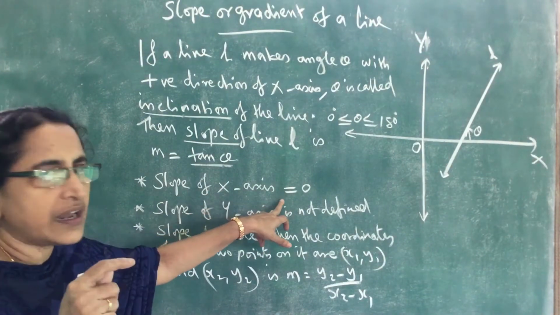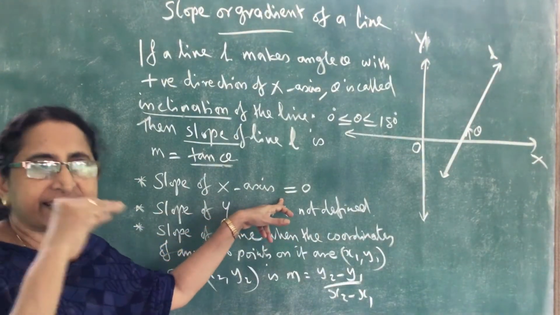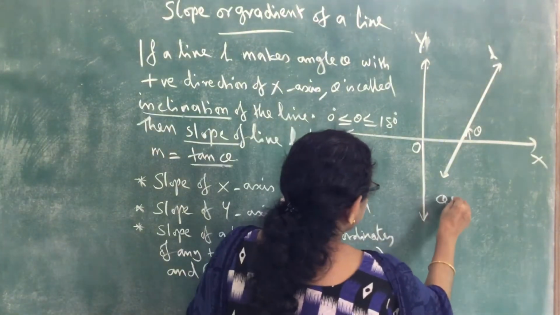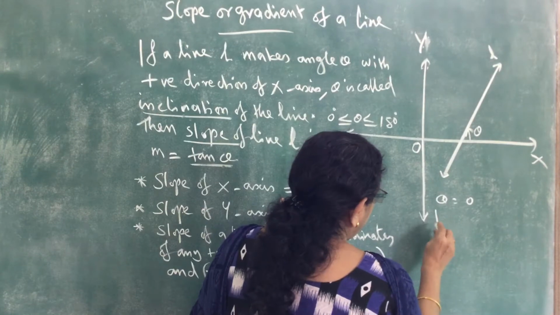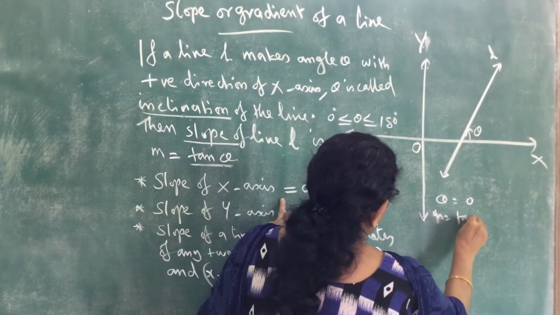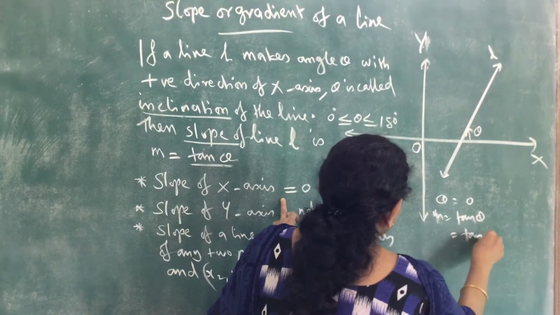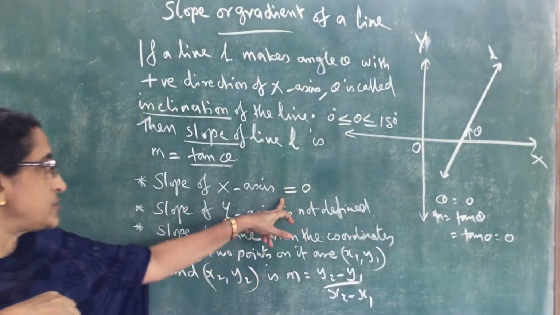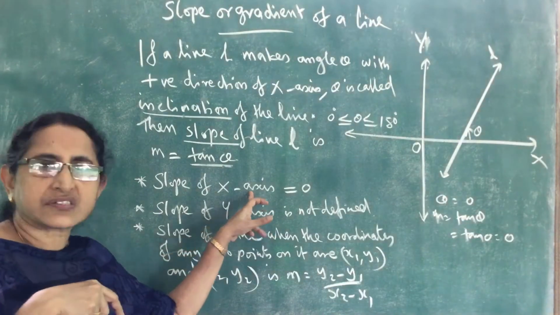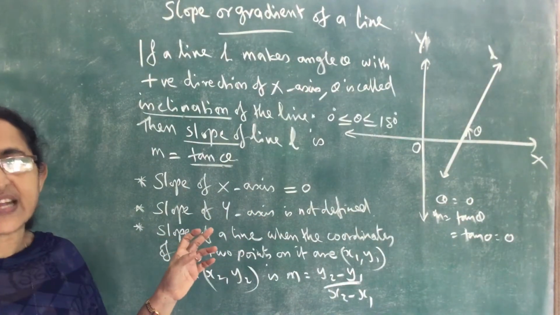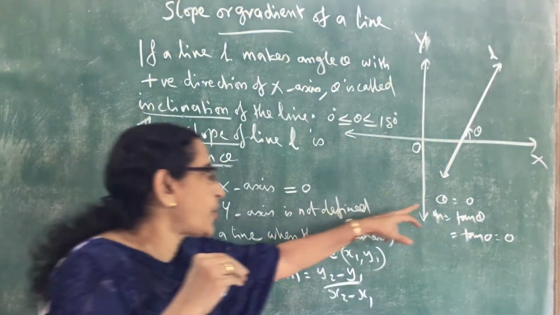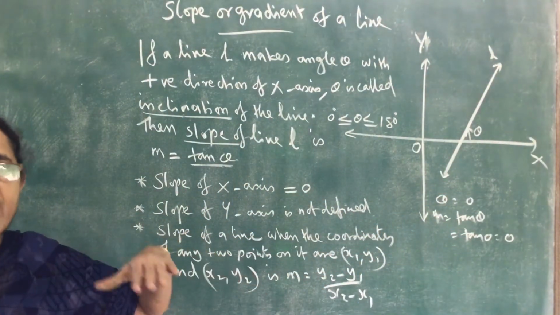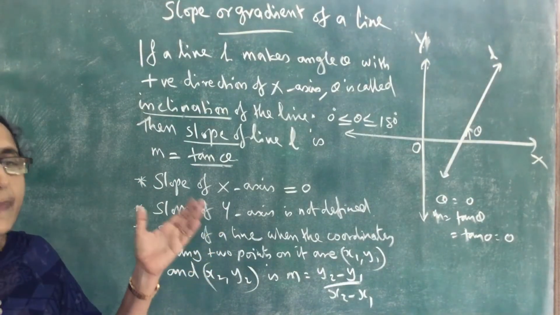If theta is equal to 0, slope m equals tan 0, and we know tan 0 is 0. Any line parallel to the x-axis makes angle 0 degrees with the x-axis.